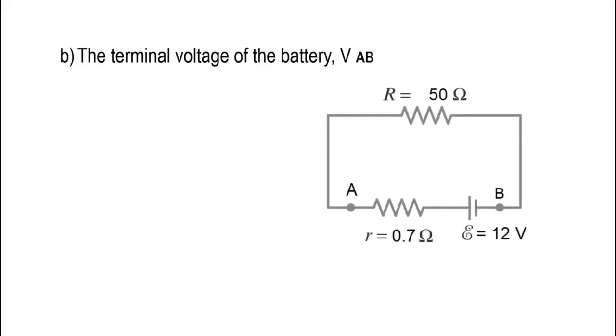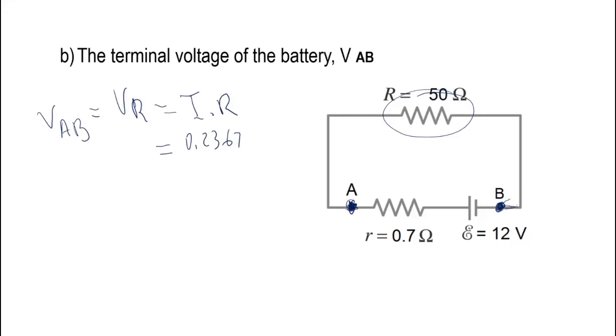Now let's find the terminal voltage of the battery. The terminals of the battery are A and B. The difference of potential between A and B is the same as the difference of potential across this resistor, because the resistor is connected to the same points. So it is just VR, which is I times R. The current I, we said, is 0.2367 amps times 50 ohms, which is 11.83 volts.